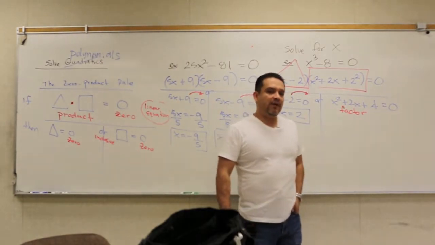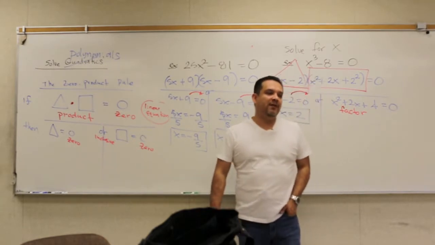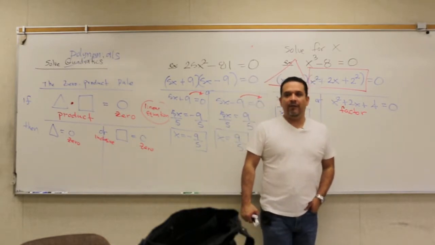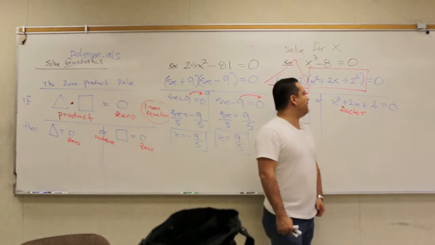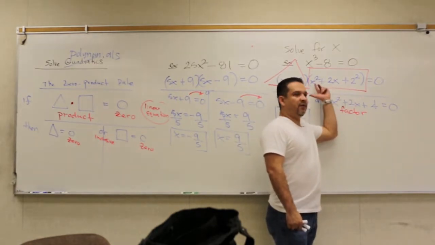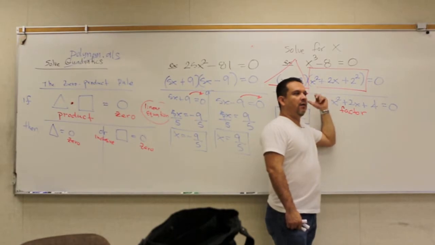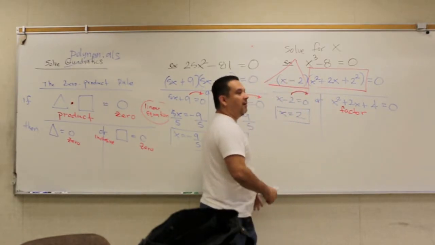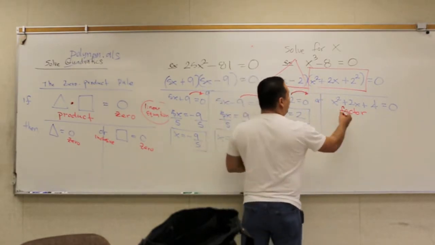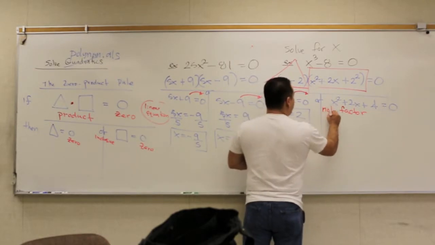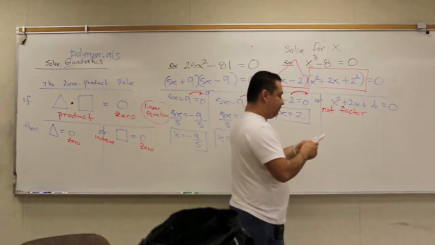But what do you guys notice about this one? Maybe you've been paying a little attention to what I've been saying. Anybody look over those notes and pay attention? What have I been saying for this difference of perfect cubes and sum of perfect cube formulas? Yes, good. This is actually always what? Prime. What does that mean?